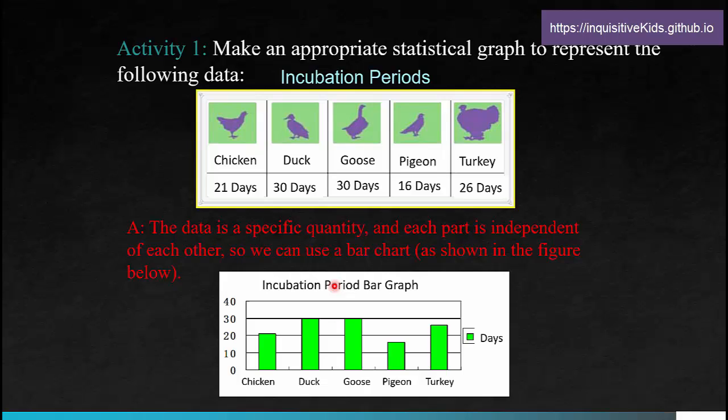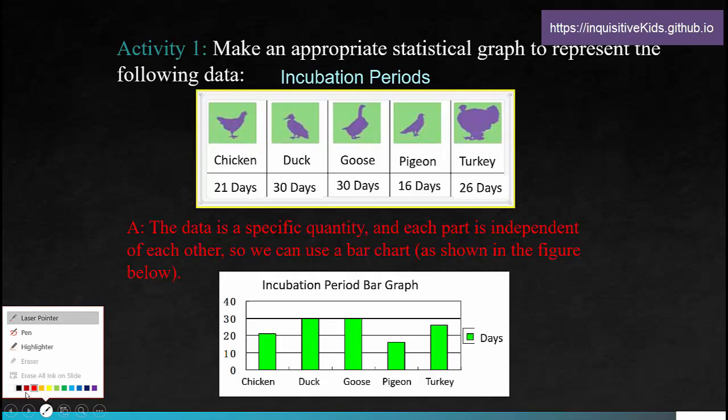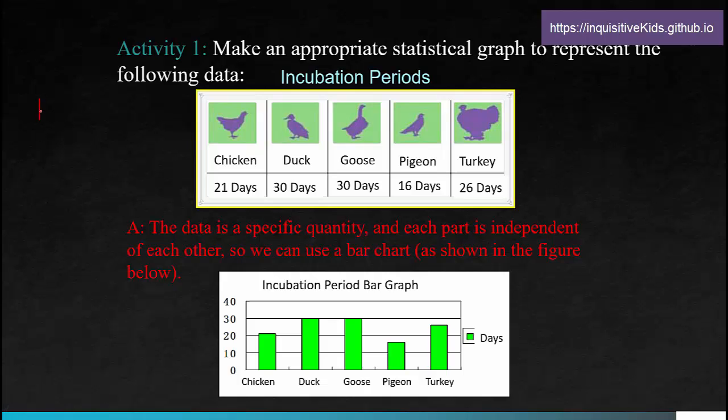So let me show you how I did this. First, I found the highest number of days. Here is 30 days. So highest, lowest value. And then we have the range.